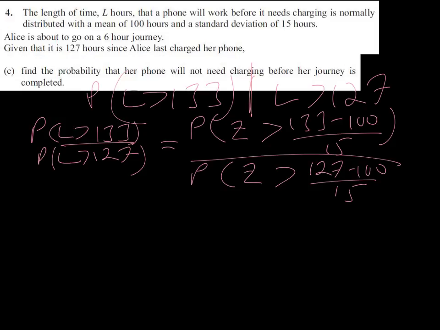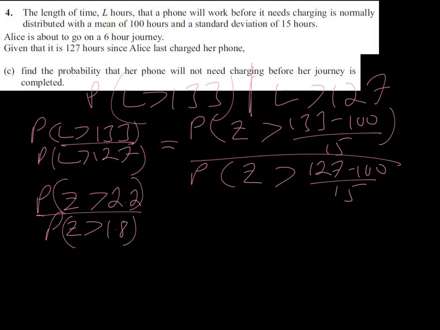So if we standardize that, then we are going to end up with the probability that Z is greater than 2.2 divided by the probability that Z is greater than 1.8. So again here, one of the problems with this is the values given in the table are not exactly what we want.